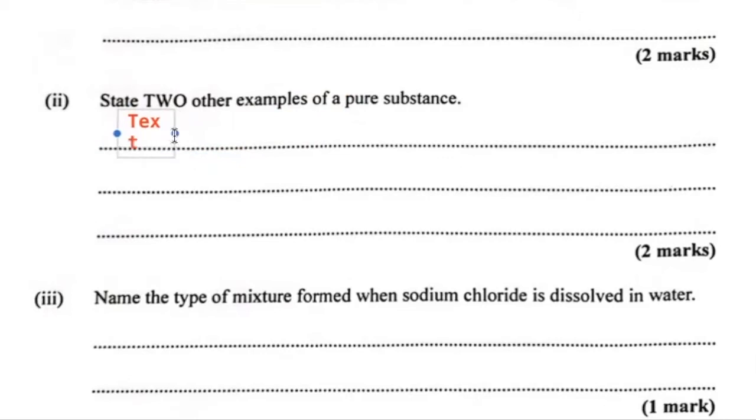So we'll go for the example. We cannot use water, we cannot use sodium by itself, we cannot use sodium chloride. We'll do something else. Let us use carbon dioxide, a compound, which is pure.